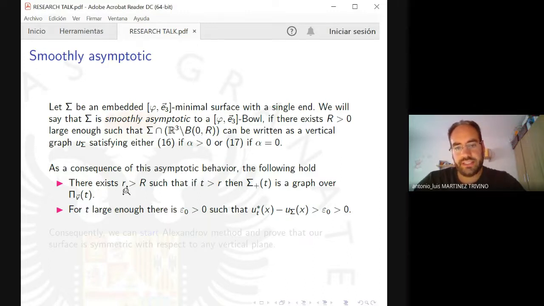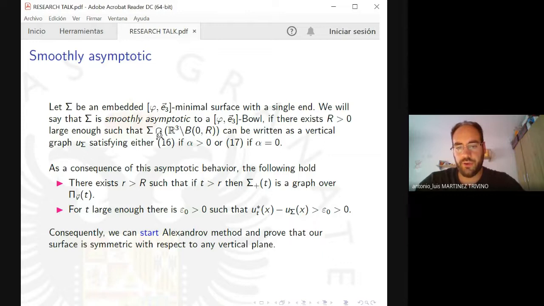As a consequence of this asymptotic behavior, the following properties hold. Namely, there exists a radius large enough such that the right part of sigma is a graph over the vertical plane P_t. On the other hand, for any t large enough, we can find a small positive epsilon such that the reflected graph lies over the graph u.